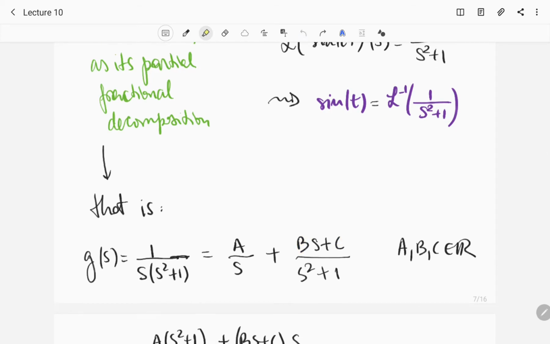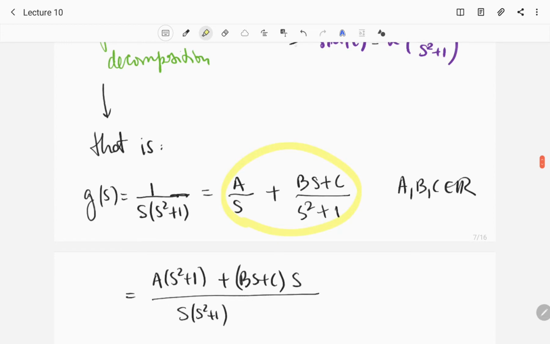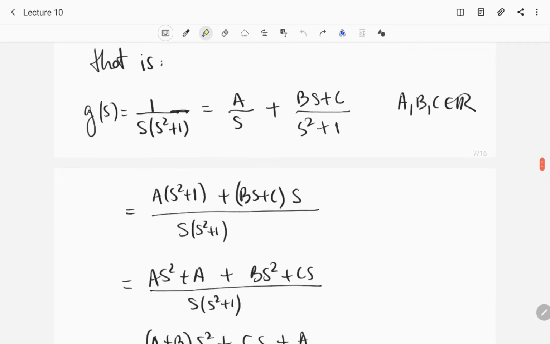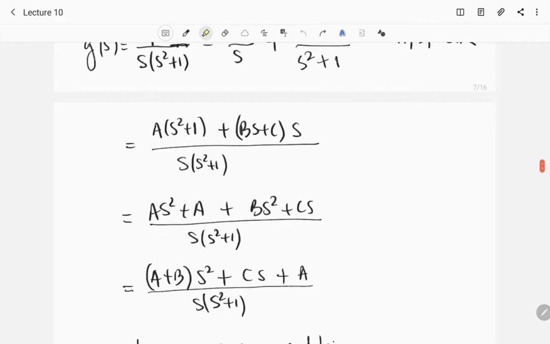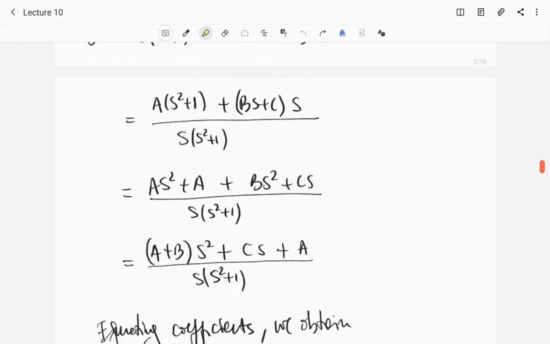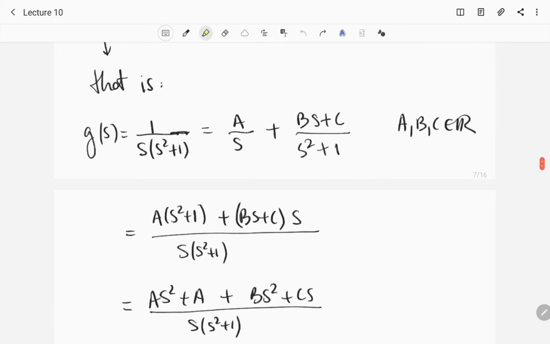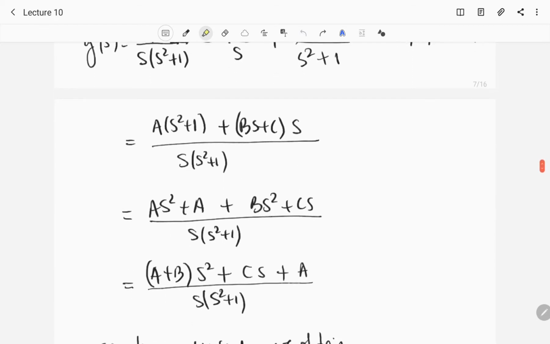Okay, so working a bit here, we get this expression, and then as usual, what we do is put together all the terms multiplied by s squared, all the terms multiplied by s, and the constants, and if we have more powers, we do the same. Once we have this written, we have to equate coefficients.